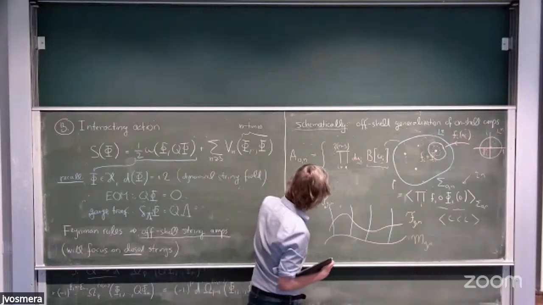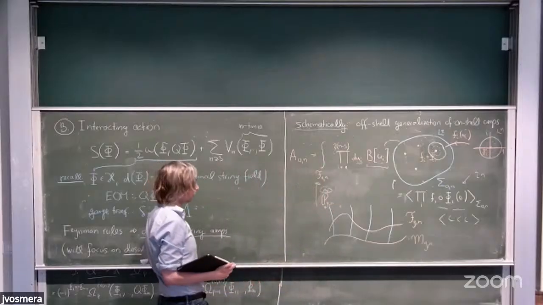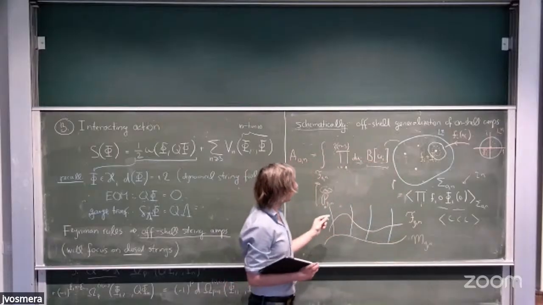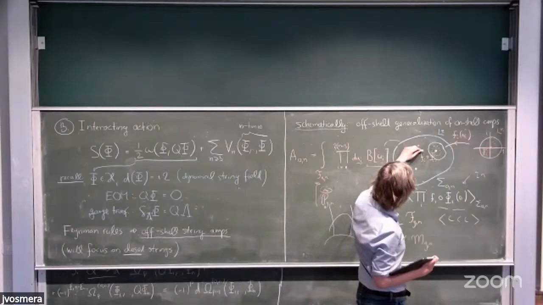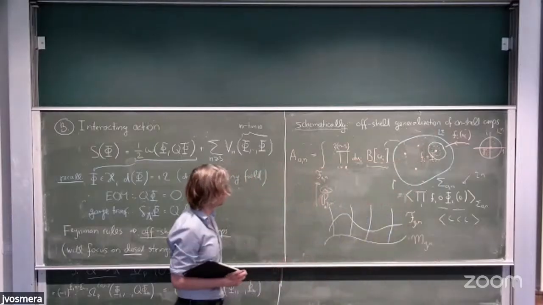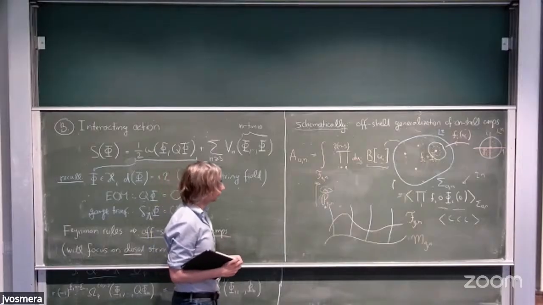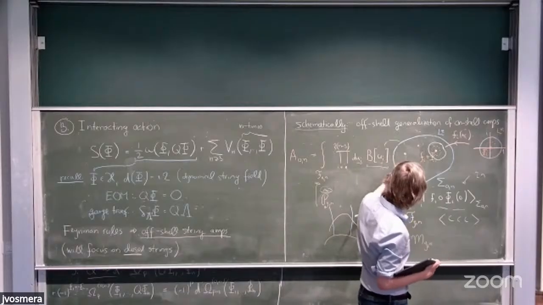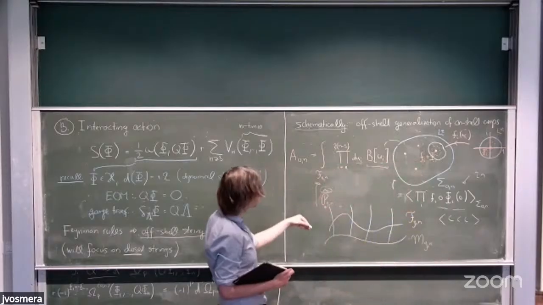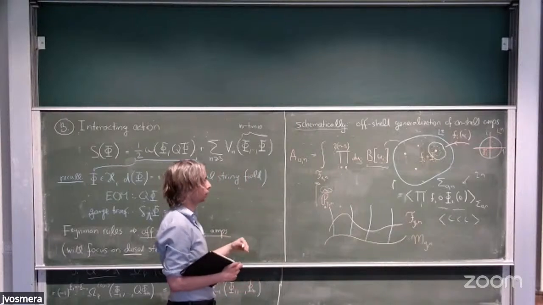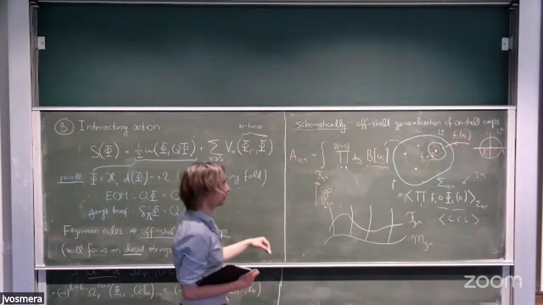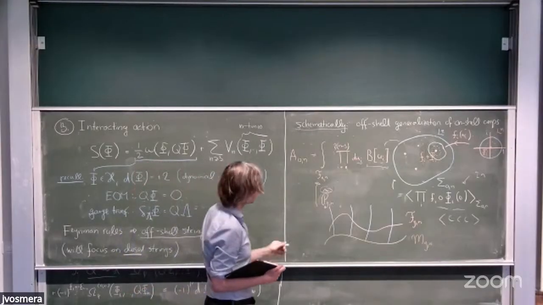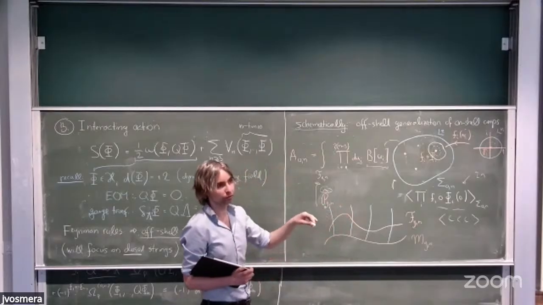Where this hat is due to a subtlety which I have not mentioned so far, and that is that each of these local coordinates can be chosen only up to a phase. This is basically due to the fact that the states which are to be inserted at each puncture, although being generically offshell, still need to be level matched. Since they are level matched, they need to be killed by L0 minus L0 bar, the spin in the worldsheet CFT, and so they are not going to be sensitive to the redefinition of the local coordinates by a phase.